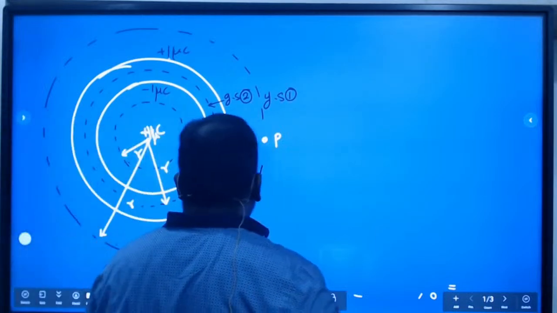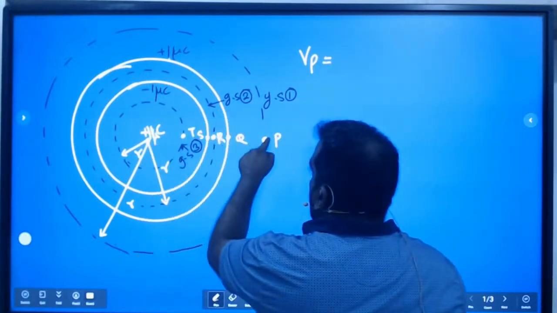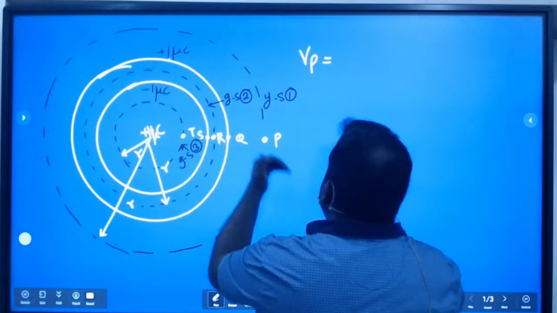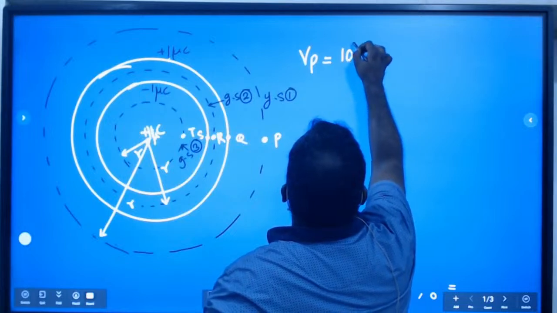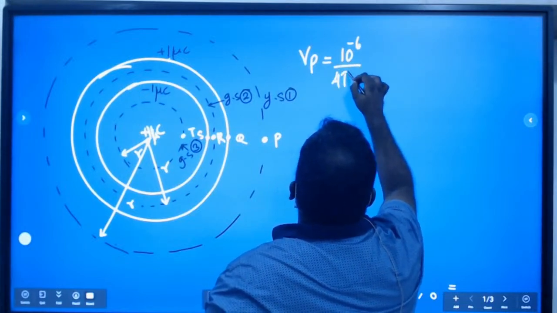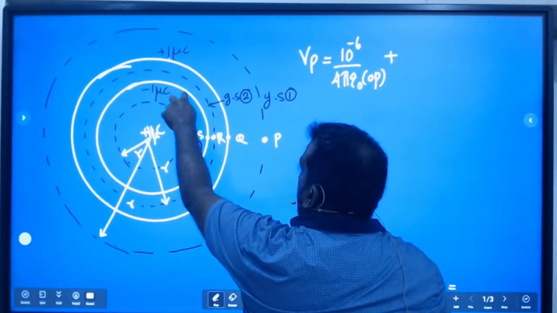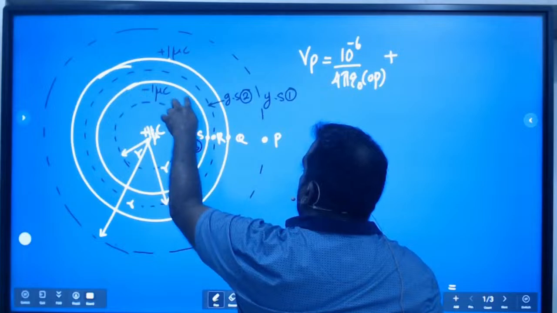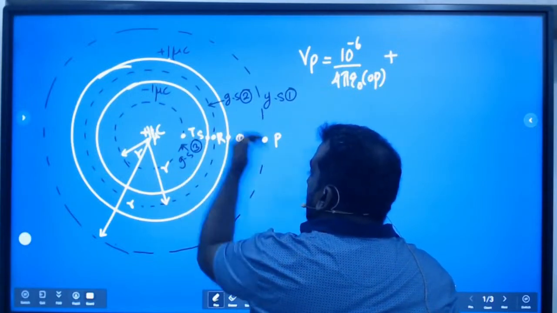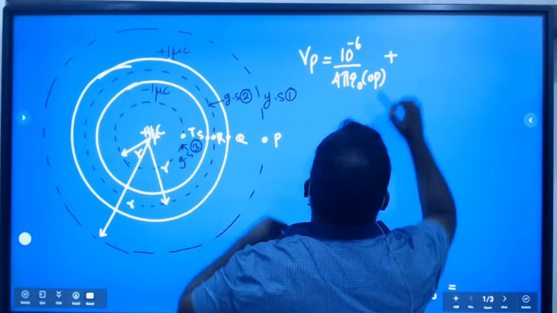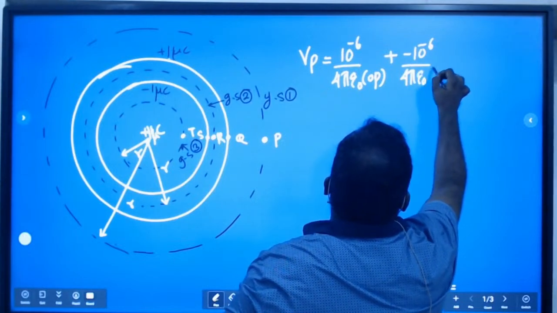Look. Potential at P because of this charge. Where is it? Outside. Take all the charges, keep them at the center like a point charge: 10 to the power minus 6 over 4 pi epsilon naught OP, plus the minus 1 microcoulomb charge, also kept at the center like a point charge over 4 pi epsilon naught OP.